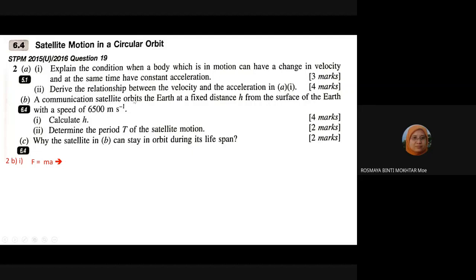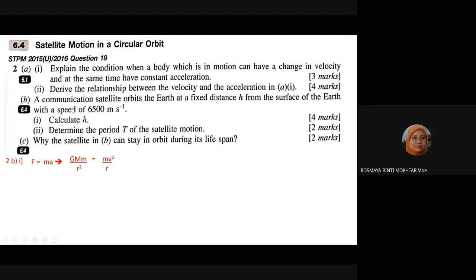The satellite orbits the Earth, so that means you need to use the circular motion concept, where the centripetal force is provided by the gravitational force, GMm per r squared. And here, for a, we use v squared per r. Why? Because the speed is given.